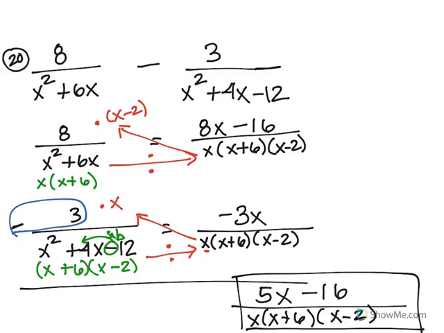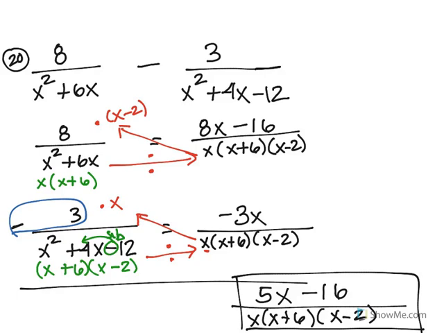Okay? So when we do our dividing, the x and the x plus 6 cancel. So I'm going to multiply 8 by x minus 2. And that would give us 8x minus 16. And then on the second one, when you divide, the x plus 6 and the x minus 2 cancel. It doesn't have this little x.